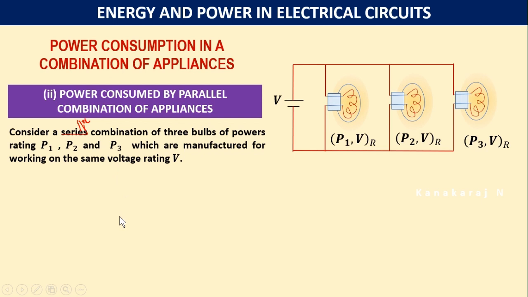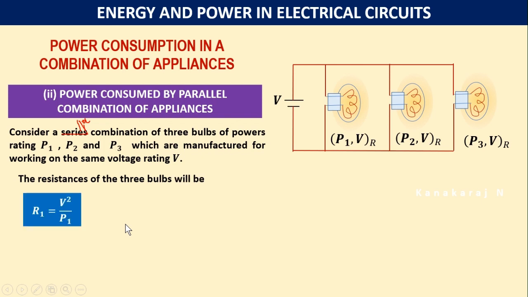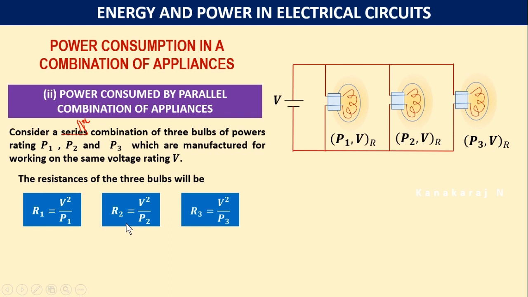Consider a parallel combination of three bulbs of power rating P1, P2, P3 which are manufactured for working at the same voltage rating V. So the resistance of the three bulbs will be R1 equals V square by P1, R2 equals V square by P2, R3 equals V square by P3.